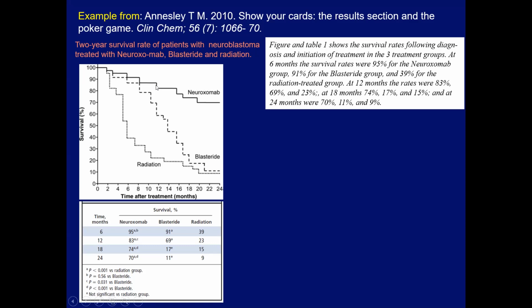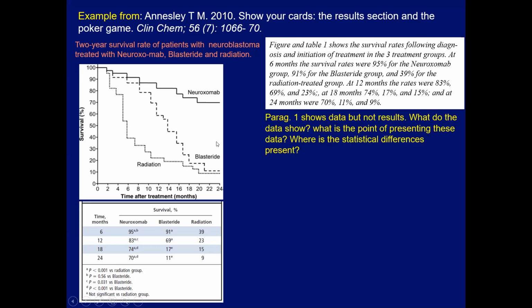Then he said that at 12 months, the rates were 83%, 69% and 23%. At 18 months, 74%, 17% and 15%, and at 24 months, 17%, 11% and 9%.